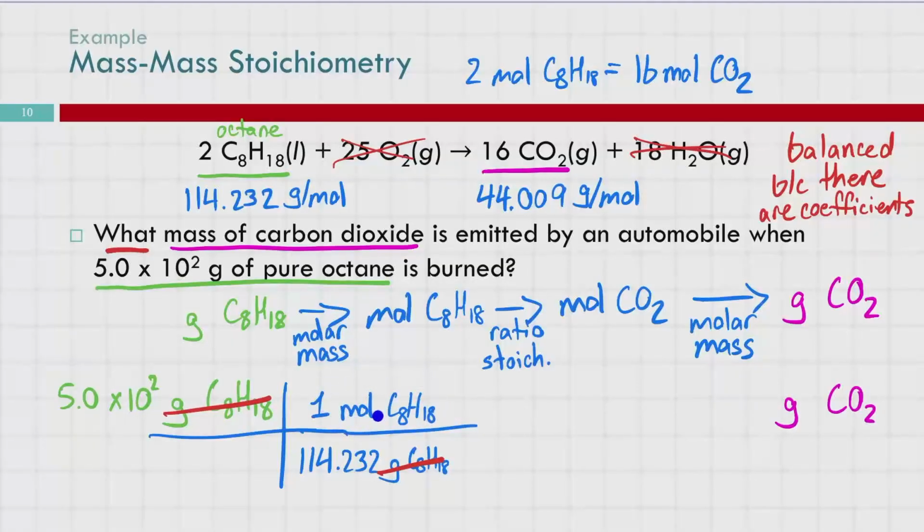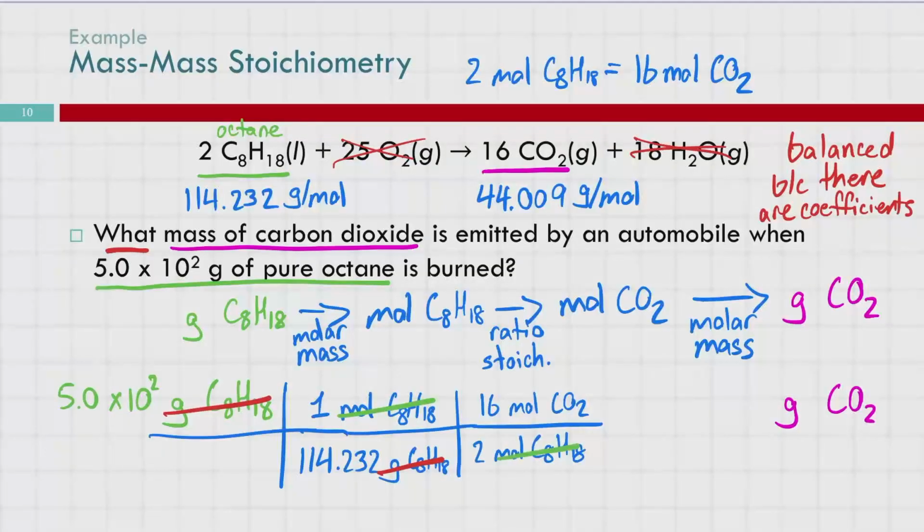We have octane. We need to put the 2 moles octane on the bottom in our conversion factor. We'll put the 16 moles CO2 on the top because that's what we are trying to find.